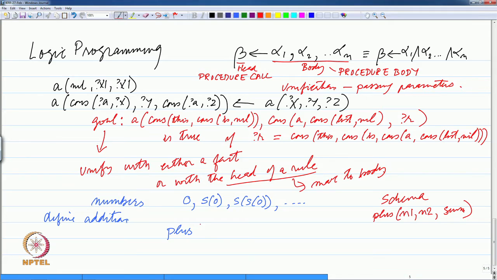So, how can we define addition? The base clause will be that if you add 0 to any number n, you get the number n.